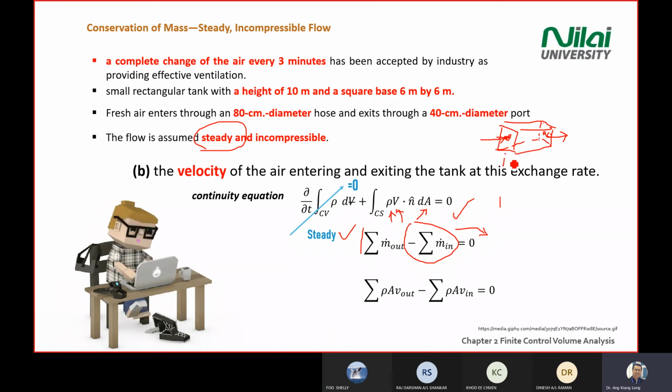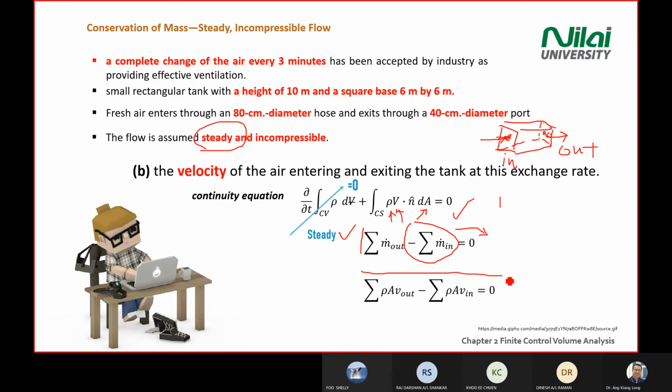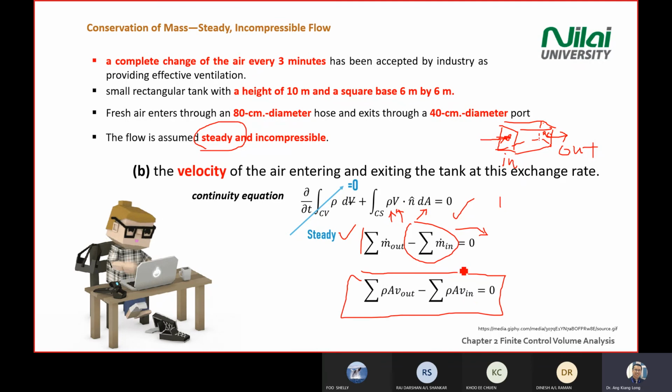So this is your in, this is your out. So what is going in must equal what is going out. So you write rho A V out, velocity out here, minus sum of the rho A V in equals 0. Okay, so this is 1 more mark, this is 1 more mark.